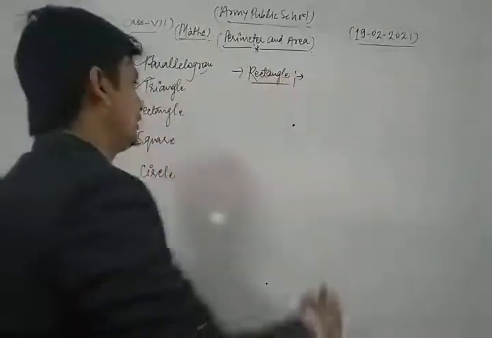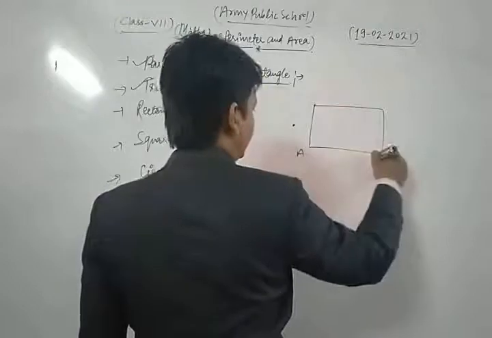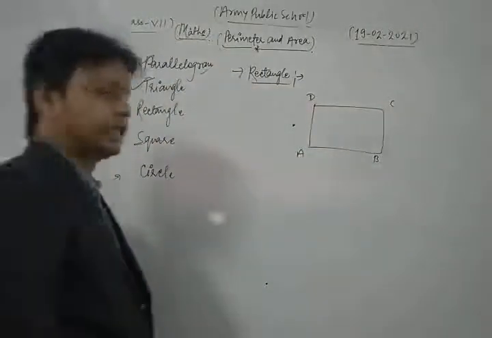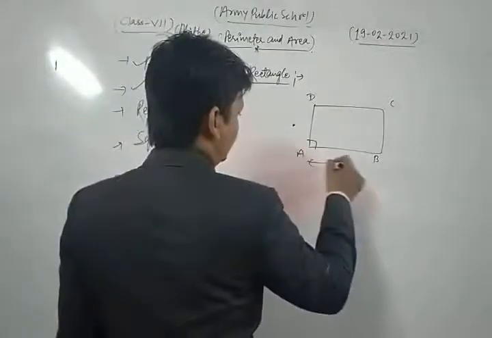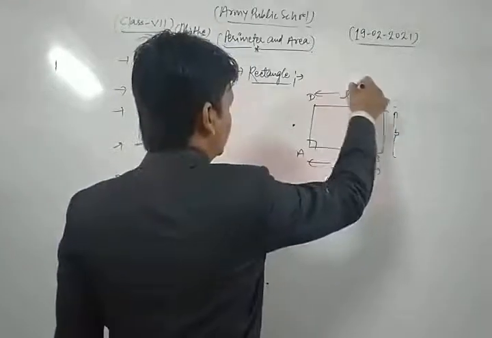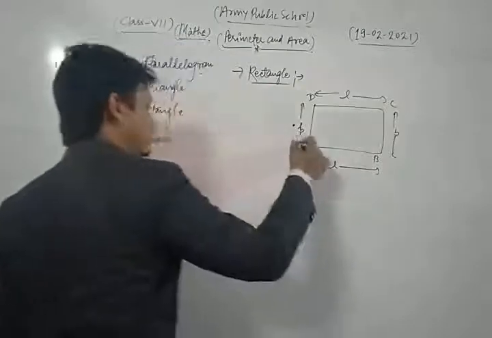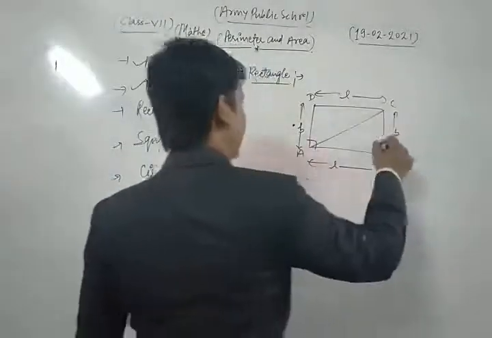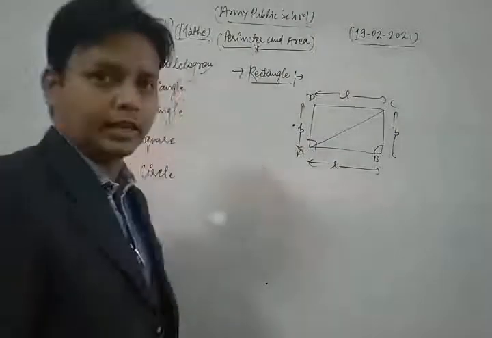You know that a rectangle is a special type of quadrilateral in which opposite sides are equal to each other and each angle is 90 degree. Now this is the length of the rectangle ABCD and this is the breadth of the rectangle. So this is equal to L and this is equal to B. This is the concept of rectangle, and AC is the diagonal of the rectangle and angle B is 90 degrees.